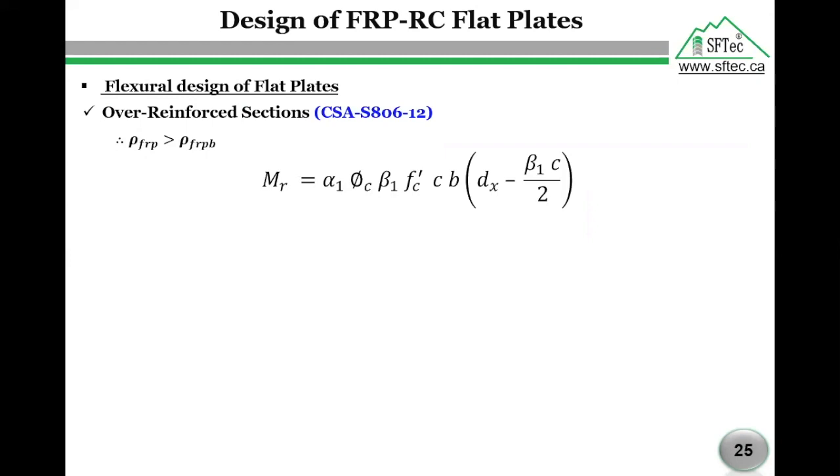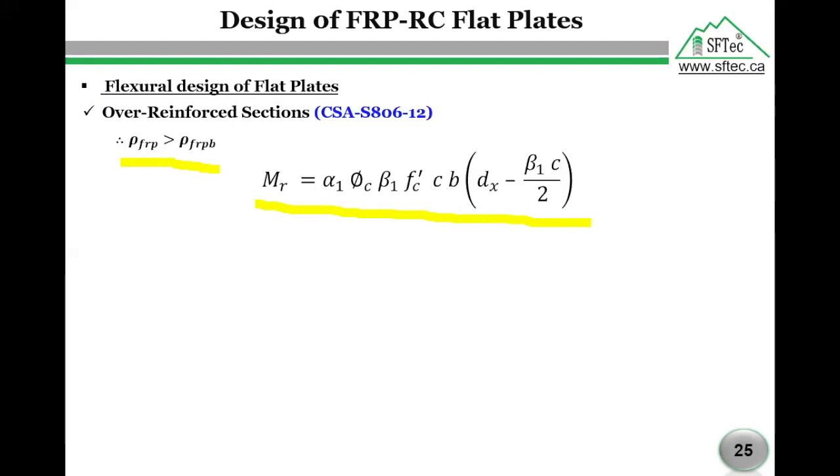All sections are preferably designed as compression controlled, as per the Canadian standard S806. The over-reinforced section or compression controlled section means that rho is greater than rho balanced. So the amount of reinforcement should be greater than the balanced flexural reinforcement. So now we have the moment resistance from this equation.